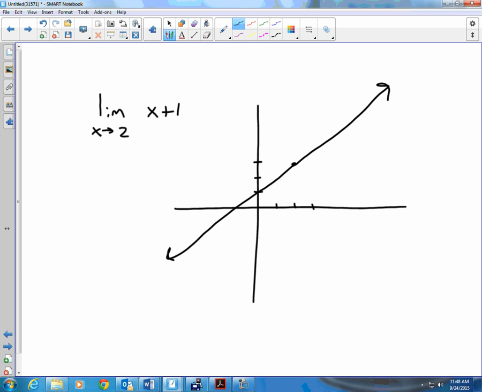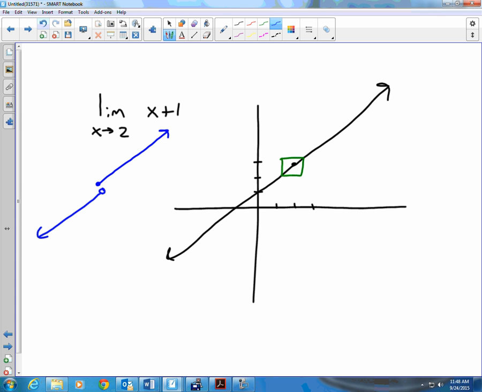Now, as you zoom in on this, it always looks like it would stay inside of a nice box, and it would look like it would for sure go to that, right? The bigger question is, how would you know that it didn't do something like this? How do you know there isn't a break?